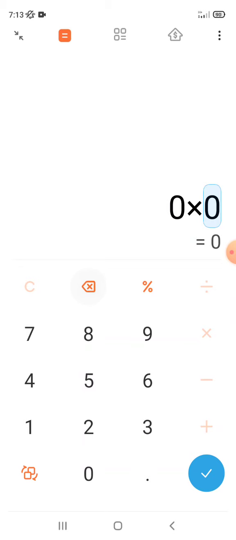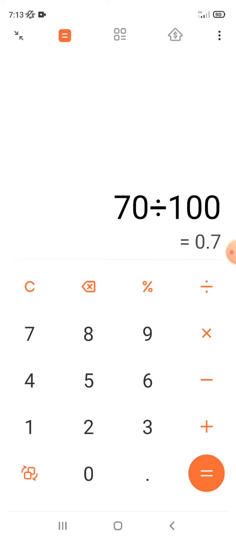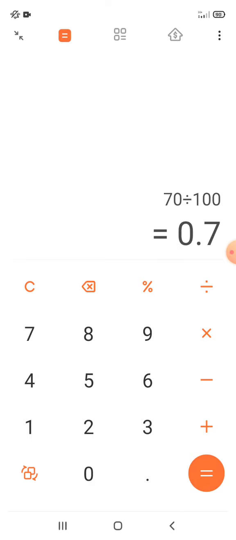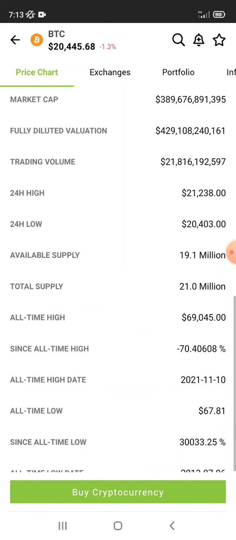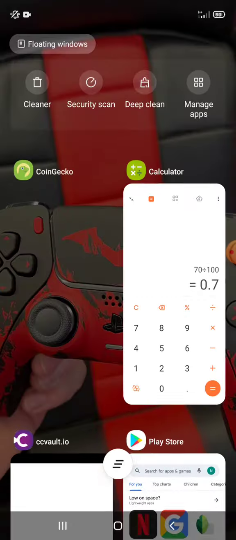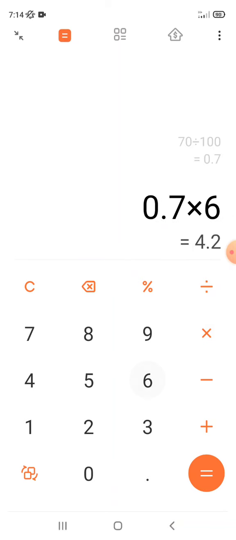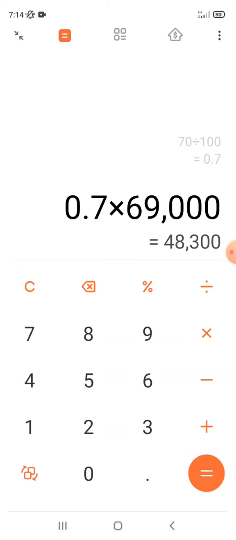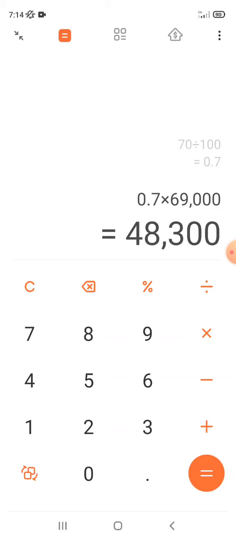Okay, my calculator. 70 divided by 100. That is 0.7. So 0.7 times $69,000. That is 48,300.